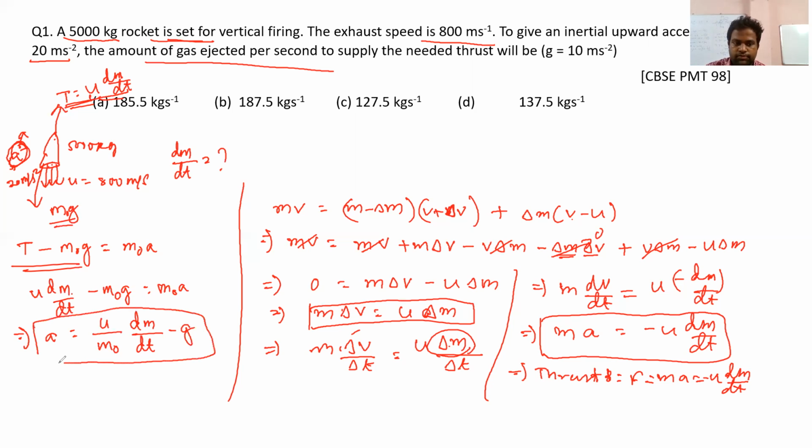So this is the case of initial acceleration. Initially, when the rocket is just set for vertical firing, the acceleration will be what we call the initial acceleration, and we can write it in this form.